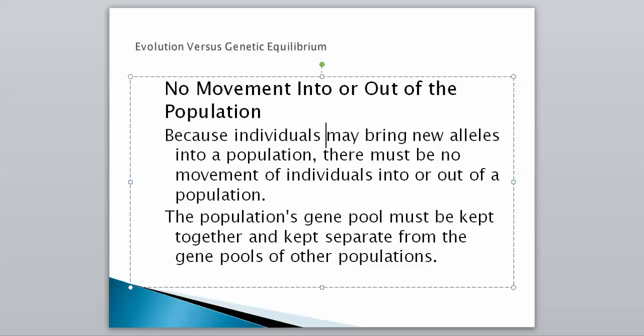And so therefore, genetic change will occur, and genetic equilibrium will no longer be in place. The population's gene pool must be kept together and kept separate from gene pools of other populations. Again, this rarely happens. Things are constantly moving, trying to find food, trying to find mates, so no movement into or out of a population rarely ever occurs.